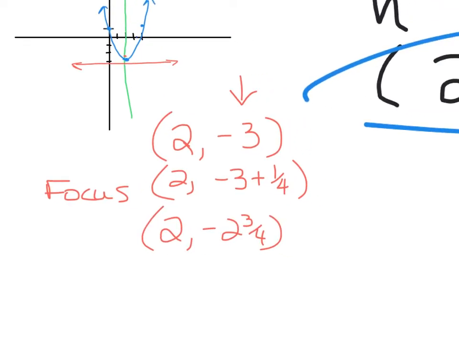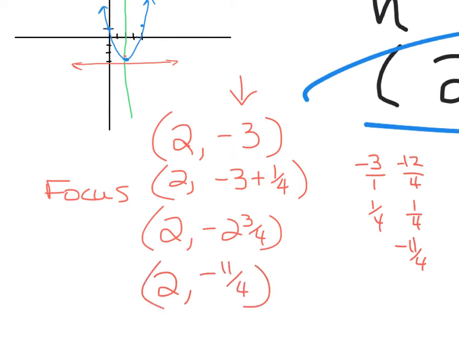If you want to work with this and make it an improper fraction, I would take the -3, put it over 1. Common denominator here is 4. And then this would become -12, which is a -11 over 4. So you could either list your focus as a mixed number or as an improper fraction.